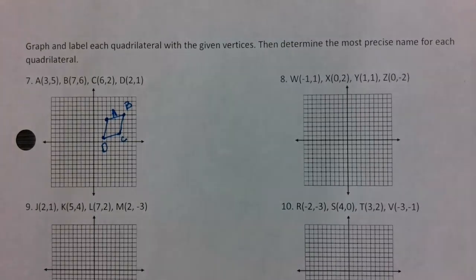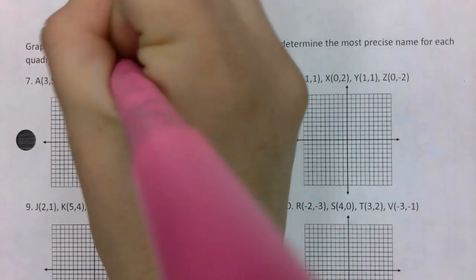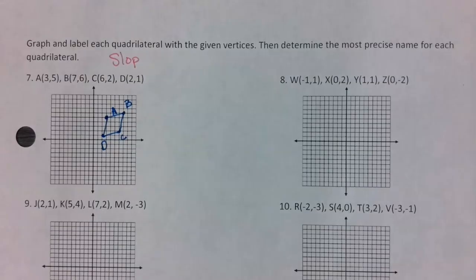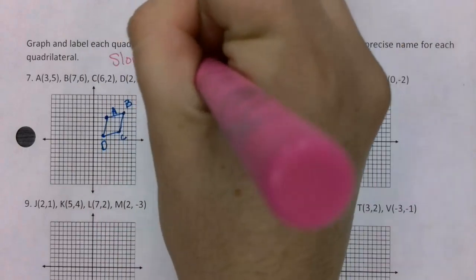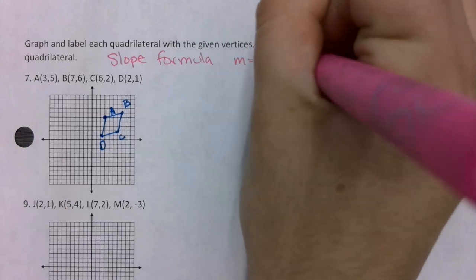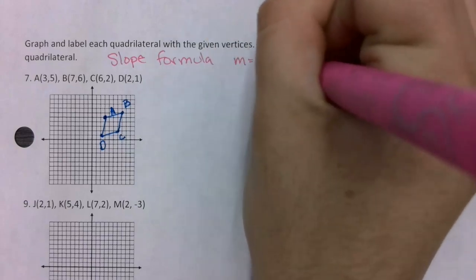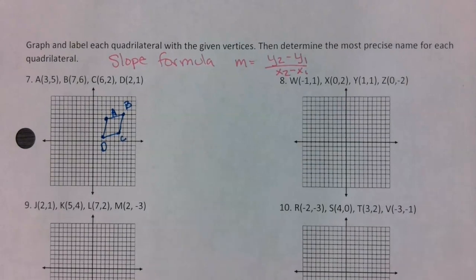So the first thing I want to check to see is if it's a parallelogram, so I need to check my slopes. Remember the slope formula? Let's take off this lid. Is m equals y2 minus y1 over x2 minus x1. Or I can use slope triangles.